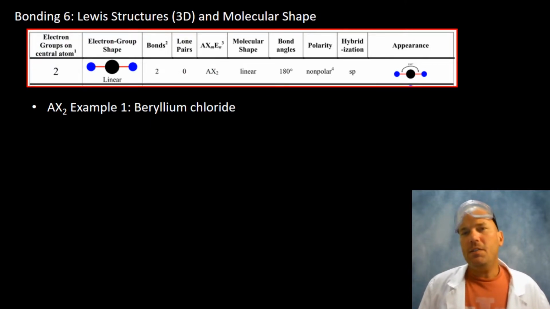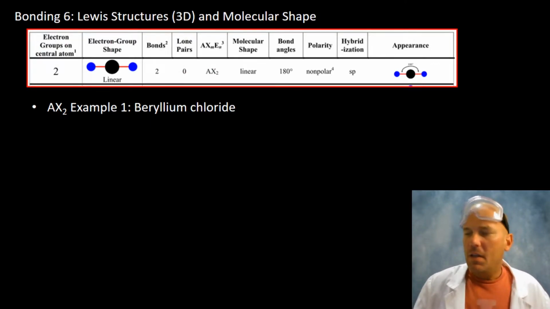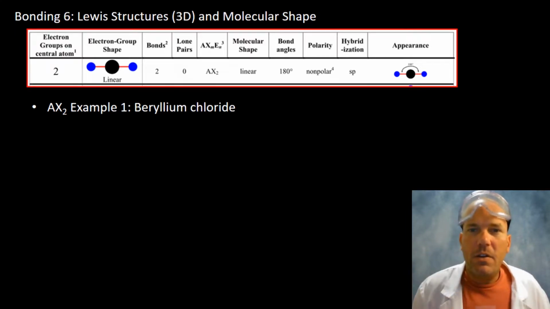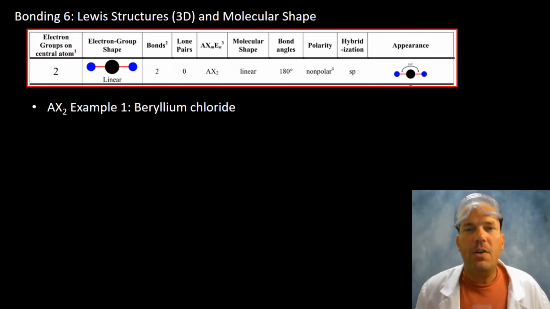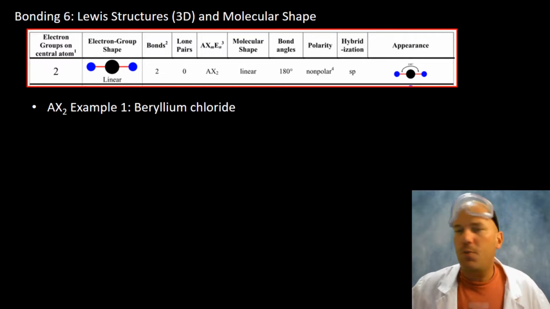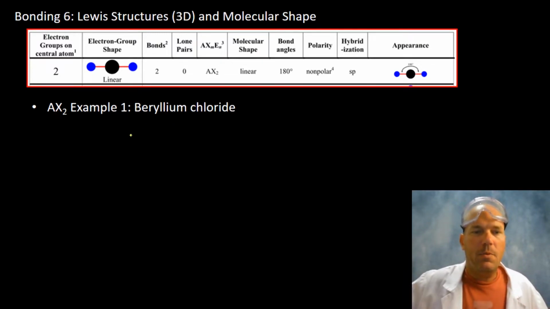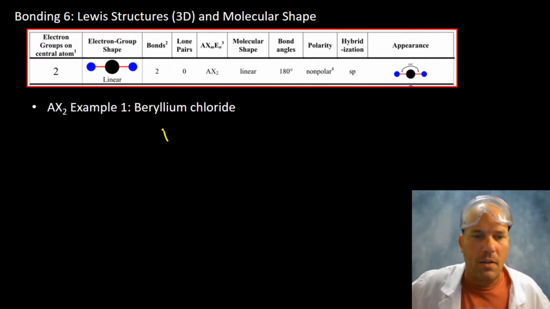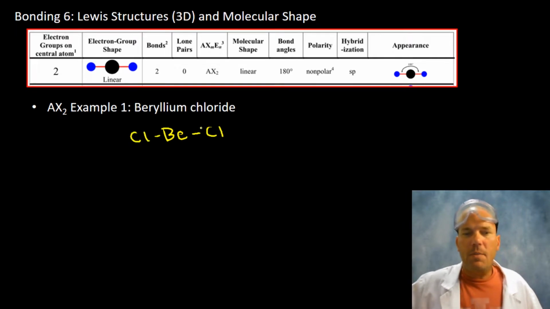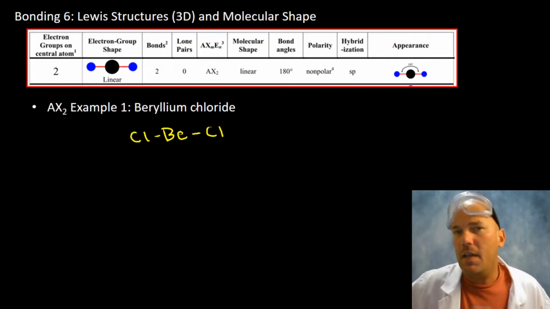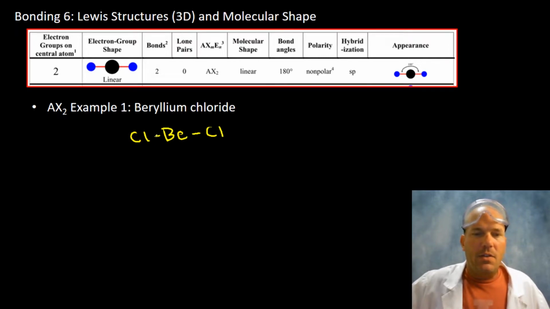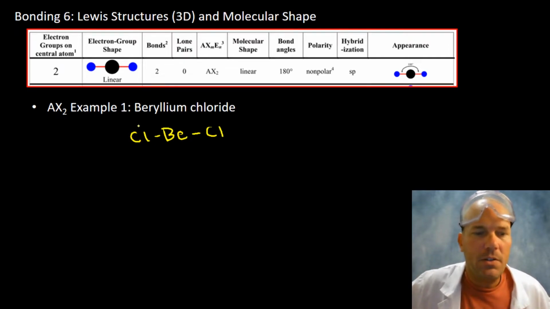Example 1, let's look at beryllium chloride. And I would encourage you to pause the podcast and go ahead and try this on your own throughout the entire video. Okay, so beryllium chloride. You're thinking right now of all those steps where you're adding up all the valence electrons, and then you're making your skeletal structure.